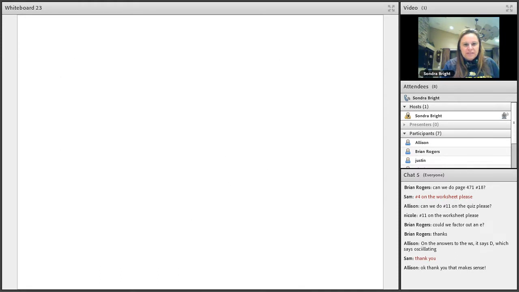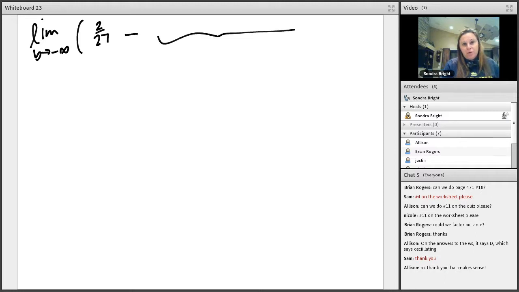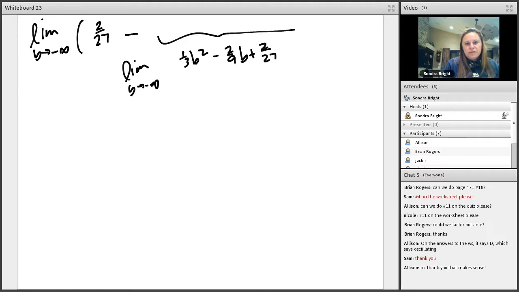And then don't forget, we still have, well, I'll write it. So right now we've got the limit as b goes to negative infinity of 2/27 and then minus all of this guy, which that whole part was, we're doing the limit as b goes to negative infinity of 1/3 b squared minus 2/9b plus 2/27 all over e to the negative 3b.